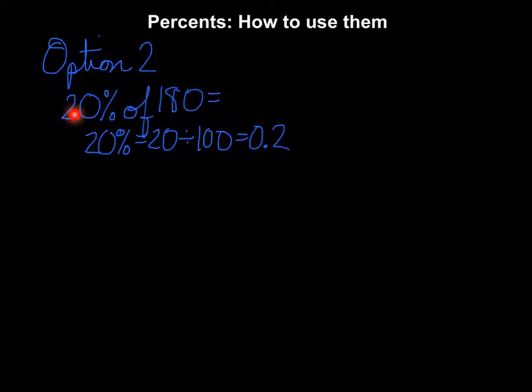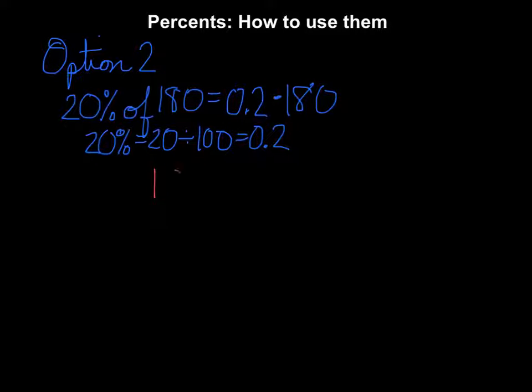Now, back to the original problem. Instead of 20%, I'm going to replace it with what I just discovered it's the same as. So 0.2. Now instead of "of" we're going to write what it's the same as, times, and then, well, 180 is still 180. A little bit of scratch work now to solve this problem.